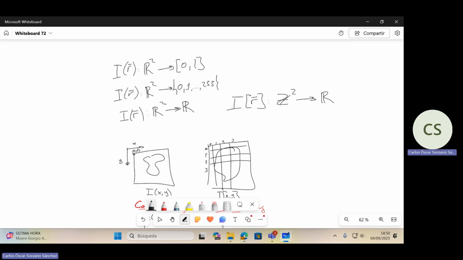What about these ones? Let's say that you have an image with m rows and n columns.